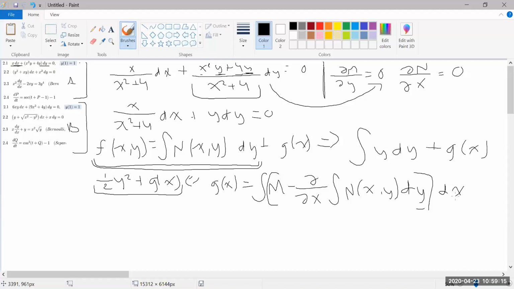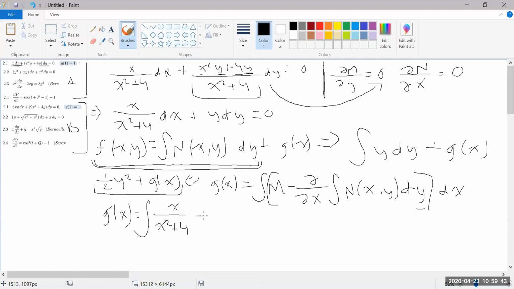So we have our g of x is equal to the integral of our M, and keep in mind this is the M from your new equation. When you multiply by your integrating factor, you get new M's and N's. So don't plug in the last one from the last step.